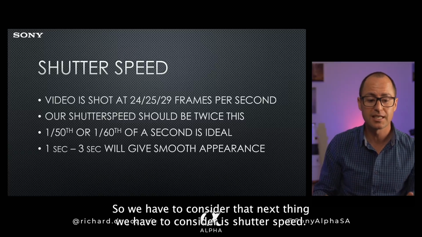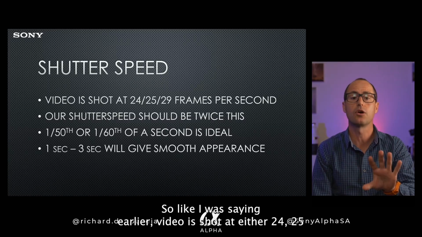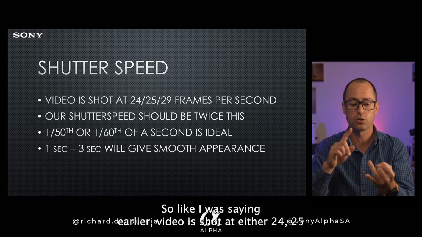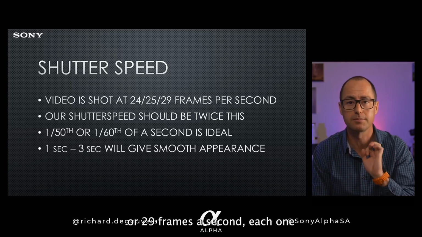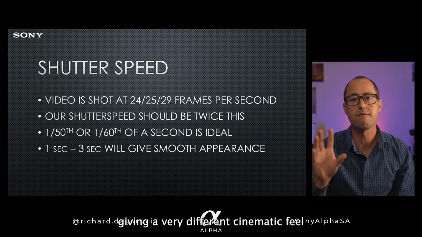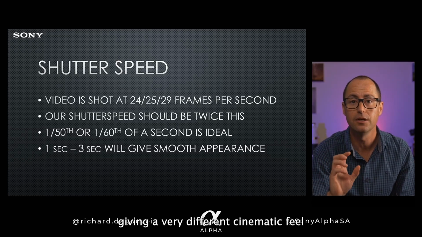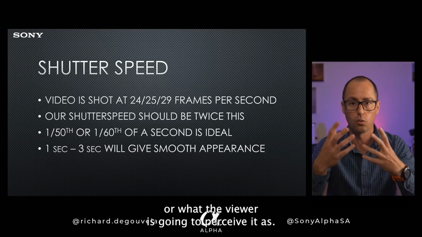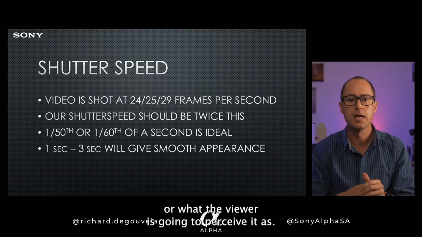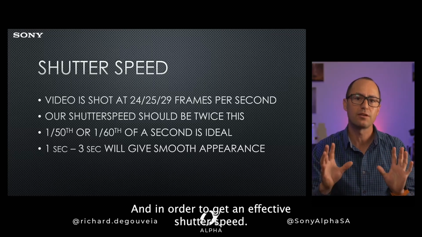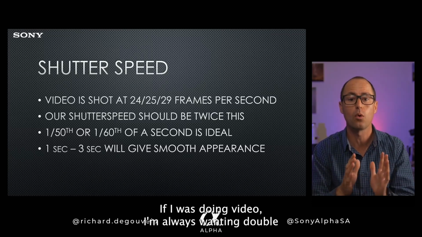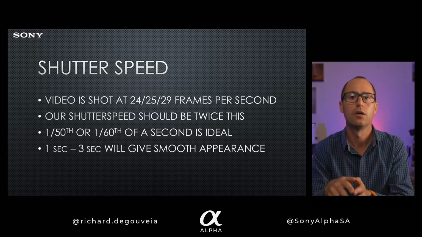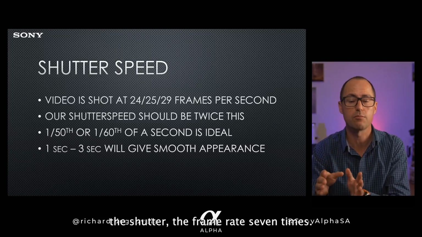Next thing we have to consider is shutter speed. So like I was saying earlier, video is shot at either 24, 25, or 29 frames a second, each one giving a very different cinematic feel to what the viewer is going to perceive. And in order to get an effective shutter speed, if I was doing video, I'm always wanting double the frame rate.